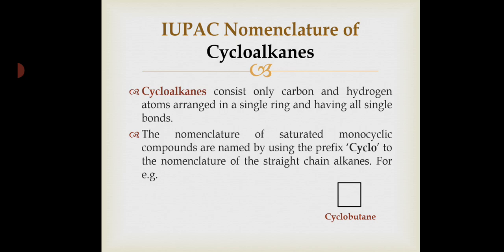But you can't only name it as butane because it is a cyclic compound. So you introduce the word cyclo and the name of the compound is cyclobutane. The corresponding open chain compound is butane, and since this is a cyclic compound, its name is cyclobutane.